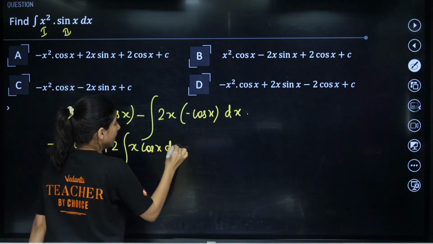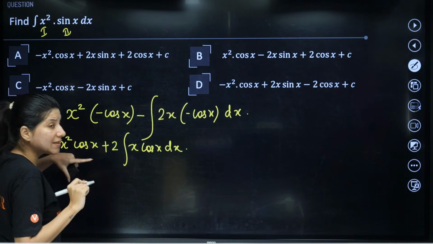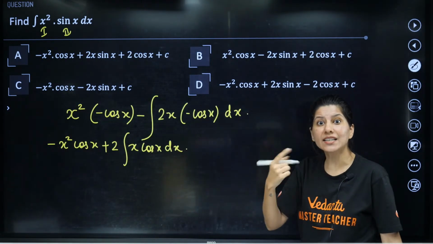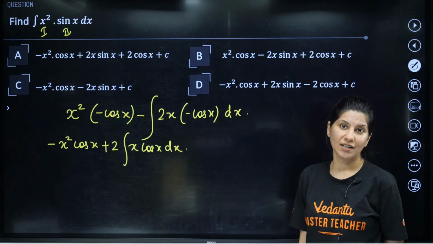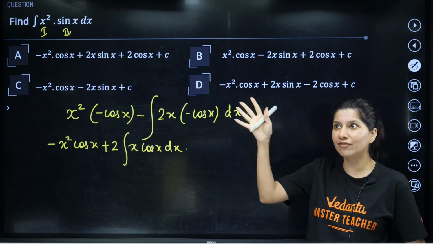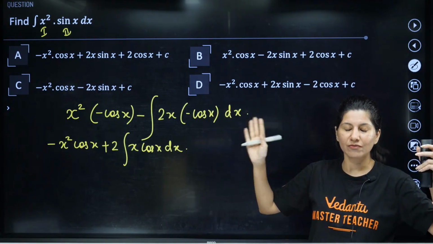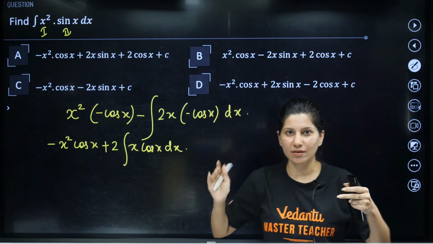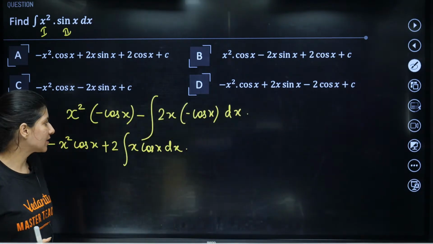Now again we are stuck in the same situation. Again we have to apply by parts a second time to solve this, because there are two functions of totally different categories: one is algebra, one is trigonometry. In that case, you have to apply by parts for sure.